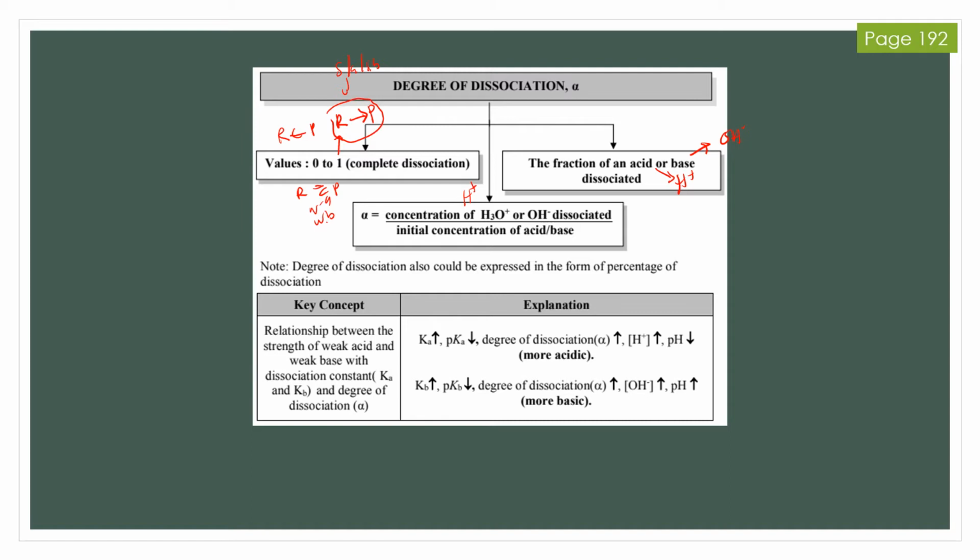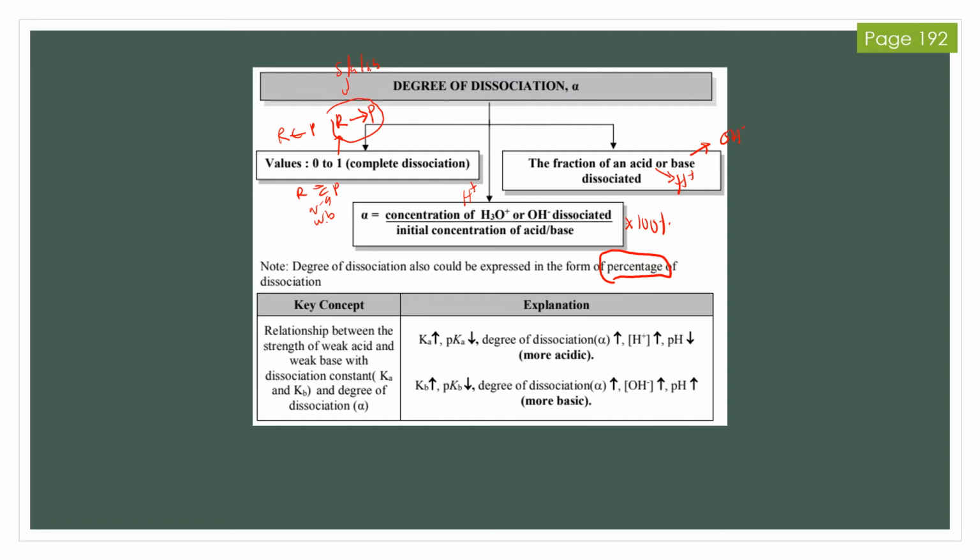Degree of dissociation could also be expressed in the form of percentage. Ini macam saya beritahu dalam chapter 6 hari tu. Kalau nak in the form of percentage, simply times with 100% dekat sini. Okay, the relationship between the strength of the acid and the base with the Ka and Kb and the degree of dissociation. So, saya akan write down the equation kat sini.